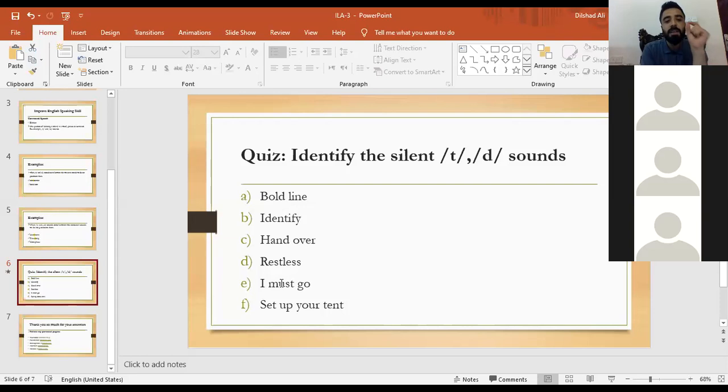You will just give me the letters, or as they say at school, circle the correct answer. For example, you will just tell me A, F. These two options, we do not pronounce them.